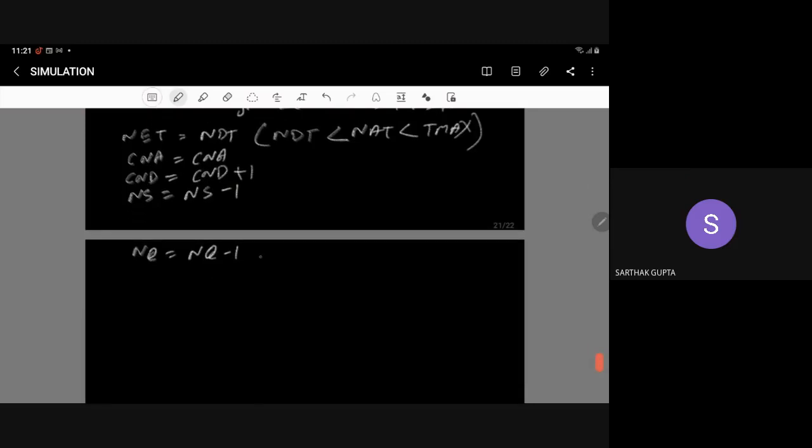Basically it is the updated NS minus 1, when NS is greater than 1, otherwise it is 0, when updated NS is equal to 0 or 1.